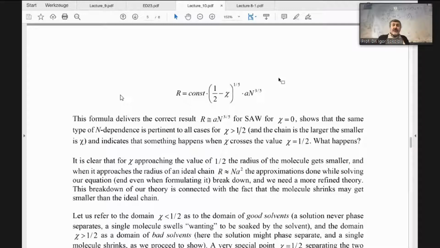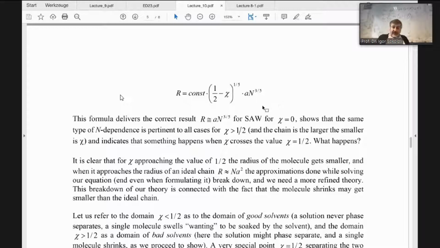So in the whole domain of good solvents, this variant of the theory predicts that I have something which behaves like a self-avoiding walk, or excluded volume chain, and it hardly depends on the solvent quality as long as the solvent is good.